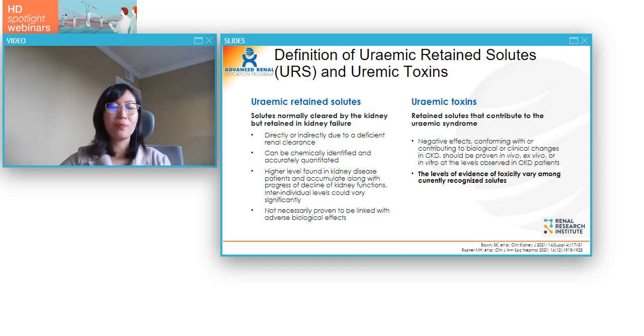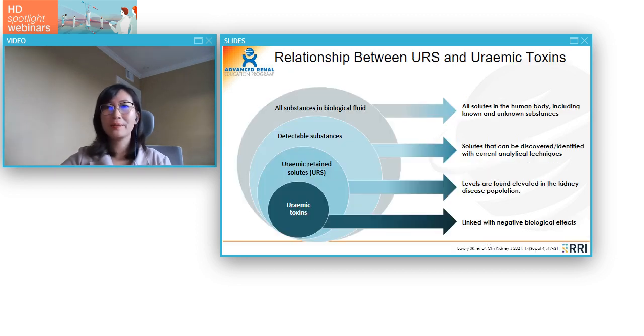These solutes could be generally called uremic toxins. However, I believe the level of evidence supporting their toxicity might be strong in some, while relatively weak with the others. So we will talk more about this point in the later part of the talk.